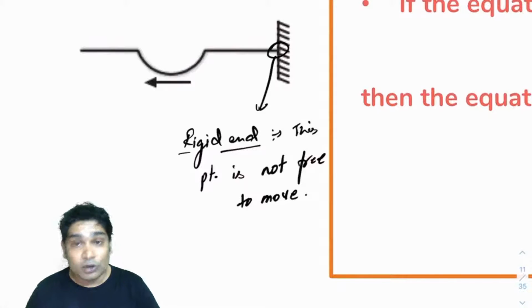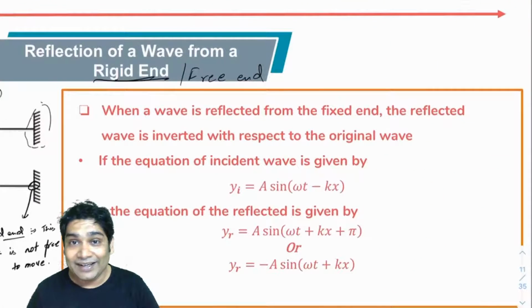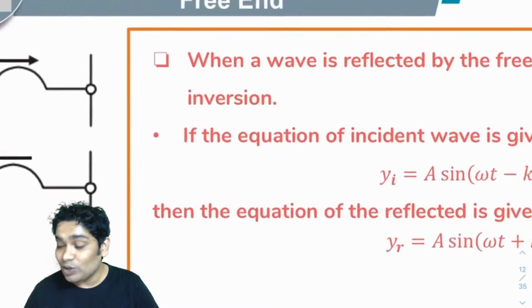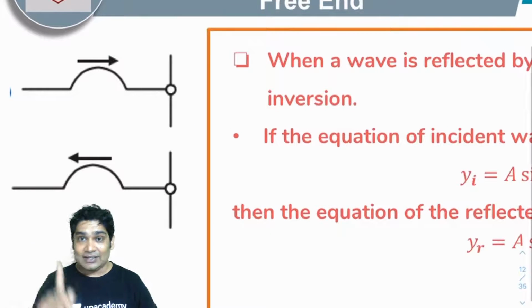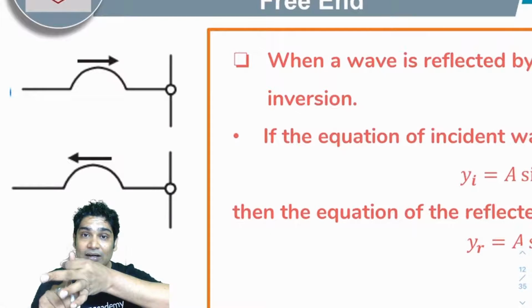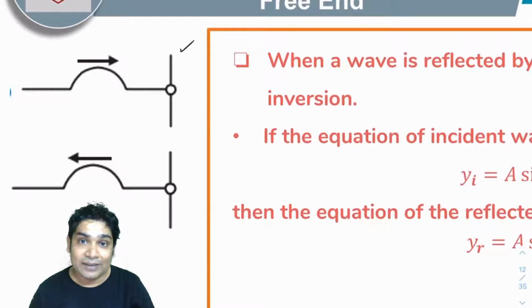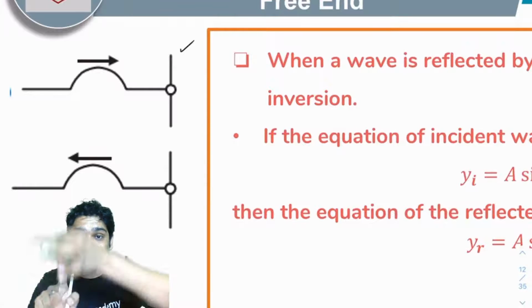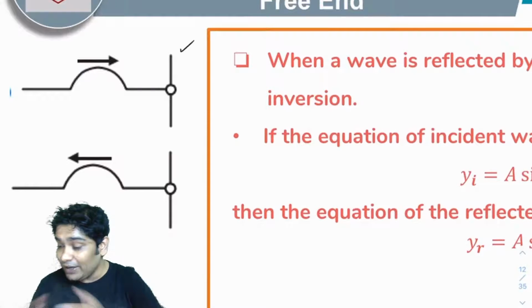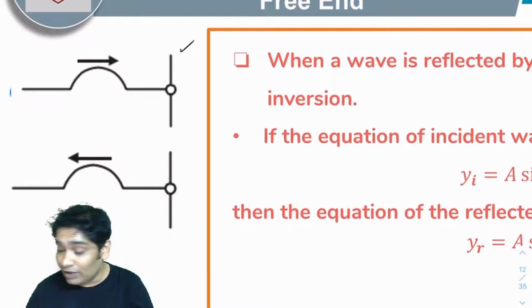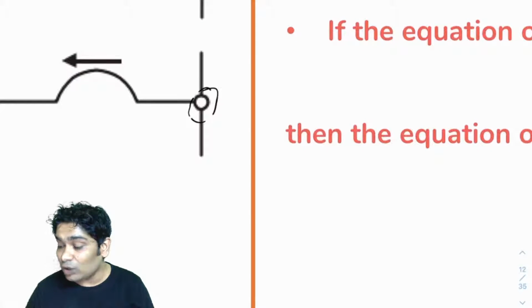Similarly, you could have another kind of boundary, which you can see here. Imagine there is a string and a bead connected to a pole. This is also a boundary. Your string is ending there, but this bead is free to slip. If this bead is free to slip, then this end is called a free end.